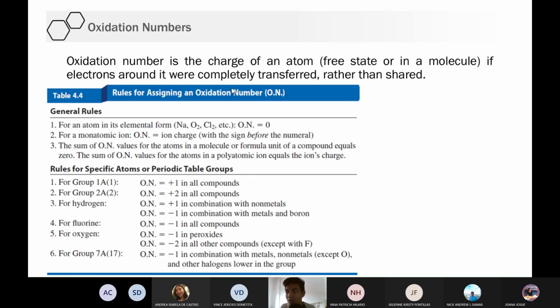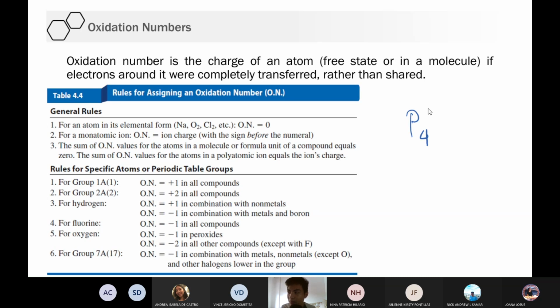Ano daw yung oxidation number ng atom pag nasa elemental form? Ang sagot ay 0. Okay? So, ibig sabihin, if you have a formula wherein the element is in elemental state, ano yan? Ang kanyang oxidation number ay 0. For example, let's have P4, tetraphosphorus. So, this P4 is a single formula.